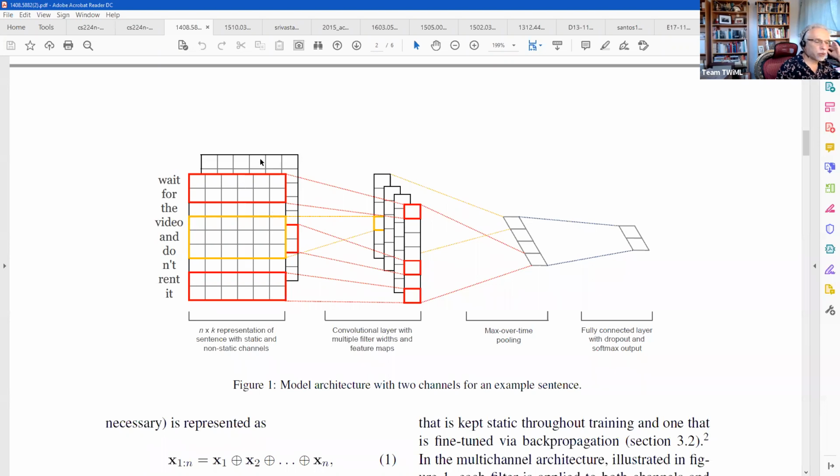But he comes up with this new twist on this. He says, okay, let's start out with not just one copy of the sentence, but 2 copies of the sentence. And in the second copy, the embedding vectors will be determined by our network. So he starts out with a kind of random initialization. And then we can combine them at the end in some way. So he does his architecture in 3 ways.